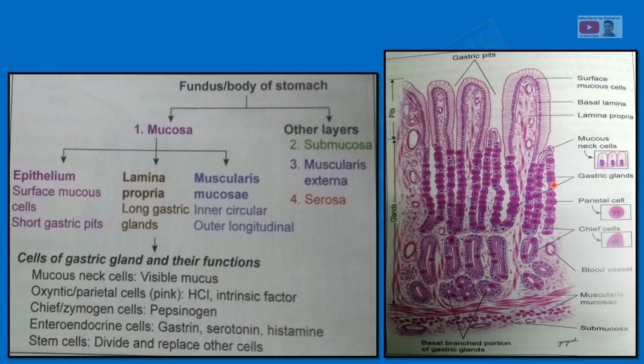Here these are the oxyntic or parietal cells, which are pink in color and round in shape. They secrete intrinsic factor.